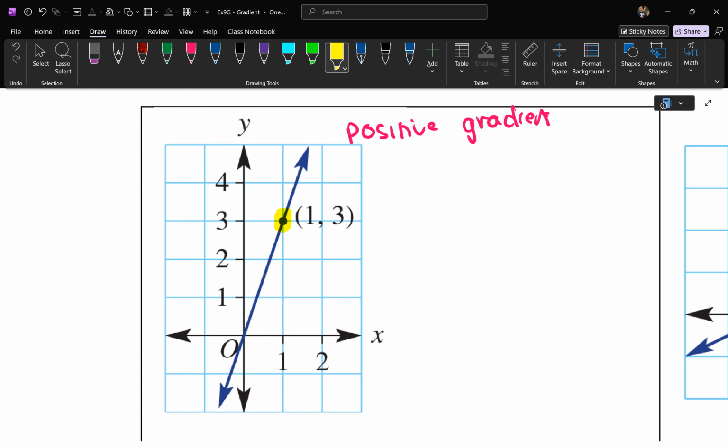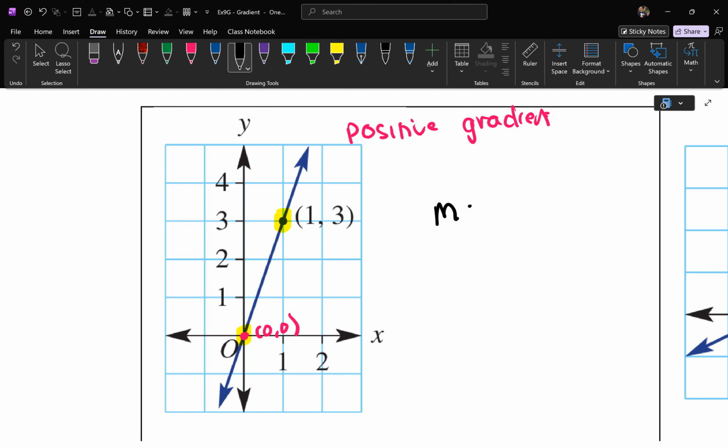So I can see another point which is right at the center. Can you see that? Right at the center, it's 0, 0. The line crosses at 0, 0 as well. So if I asked you now, from this point, 0, 0, to the point 1, 3, how far do I have to go rise and run?